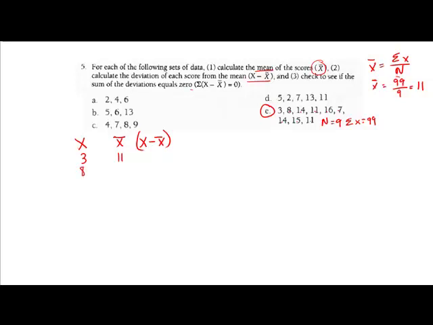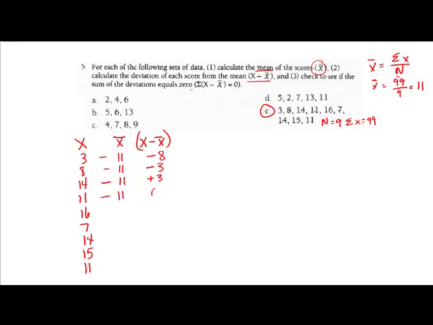My x's are 3, 8, 14, 11, 16, 7, 14, 15, and 11. 3 minus 11 is a negative 8. 8 minus 11 is a negative 3. 14 minus 11 is a positive 3. Notice I went ahead and put the positive there. It might be a good idea to go ahead and put that positive, so that way you can keep track.